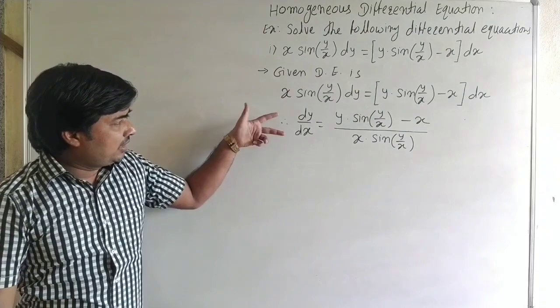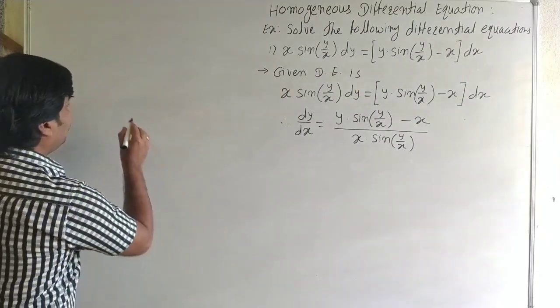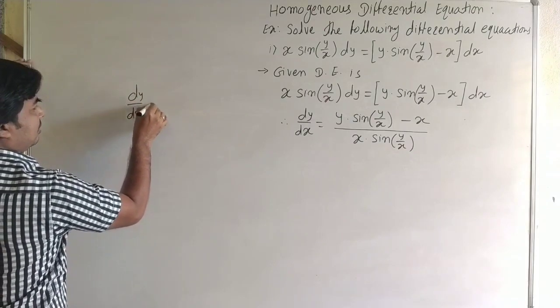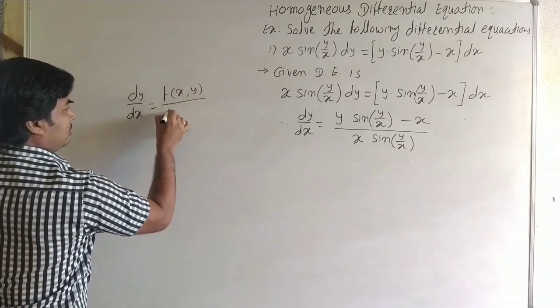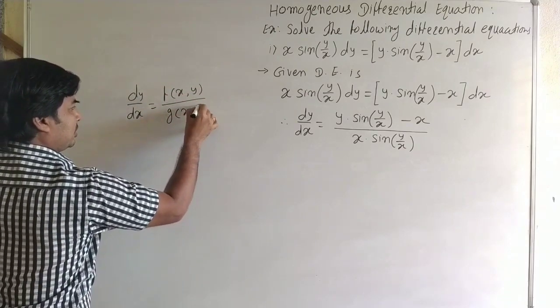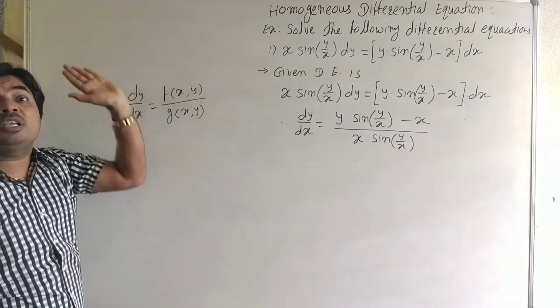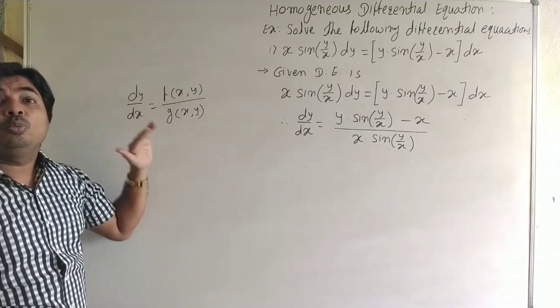Now here it is in the form dy by dx is equal to f of x comma y upon g of x comma y. See carefully this, and both are homogeneous functions of the same degree. f of x comma y and g of x comma y are both homogeneous functions.